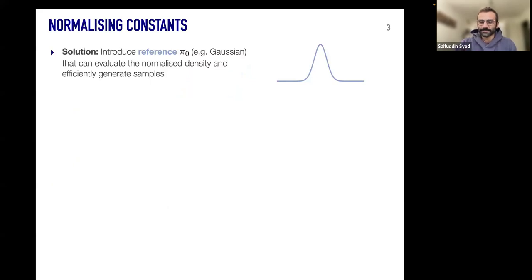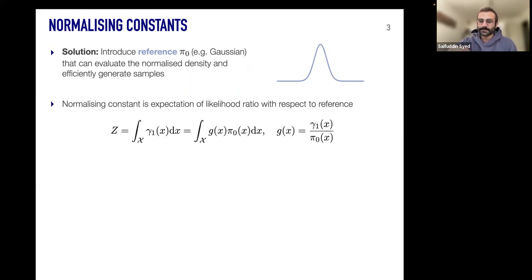The first thing, for normalizing constants, we can do fairly easily by introducing a reference distribution. So a distribution where I know how to evaluate the normalized density, and I can efficiently generate samples. Then we can do some algebraic tricks where we multiply and divide by the reference density.